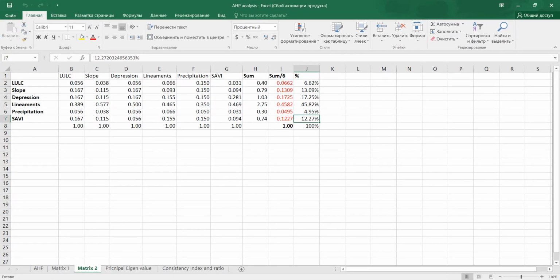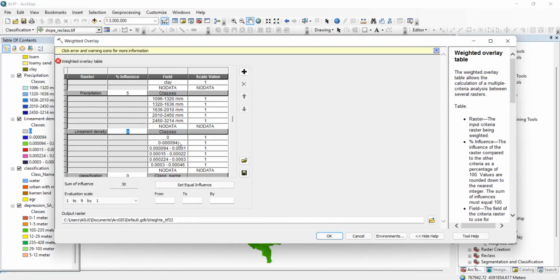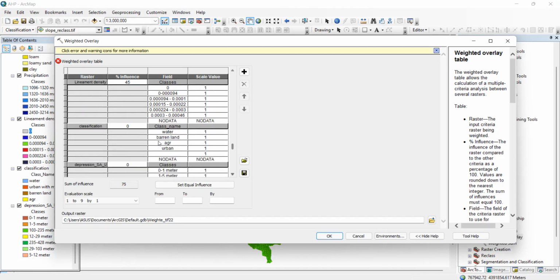Lineaments, it's 46%. I will assign 45 because it will be too much, I guess, because almost half of the weight will be assigned to lineaments. But up to a point it's correct, because lineaments are certainly the areas where the groundwater areas are located.